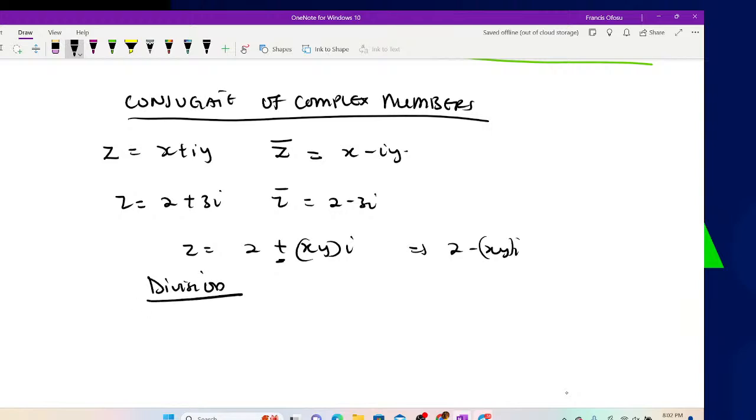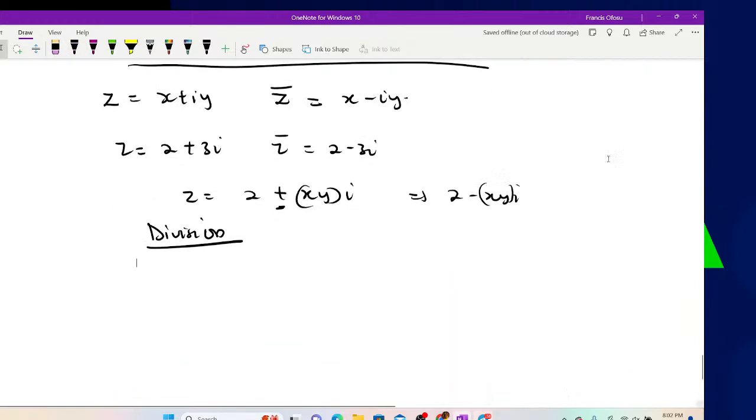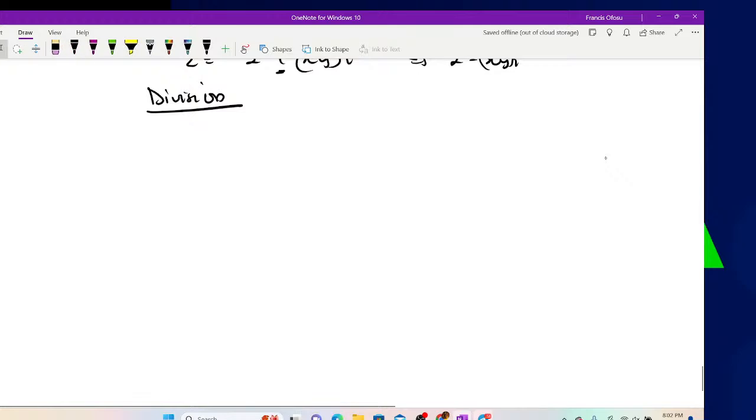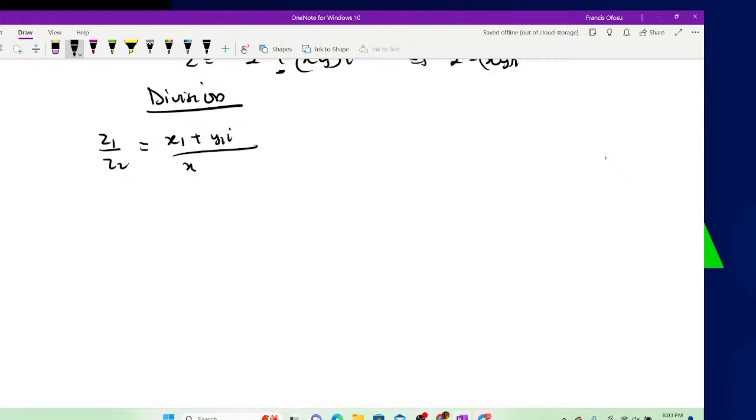We reserved it when you were starting, or when you were dealing with the arithmetic. For that reason, if you have z1 over z2, which is a complex number, x1 plus y1i over x2 plus y2i, how do we solve this? To solve this, we simply apply the conjugate, which we just did.